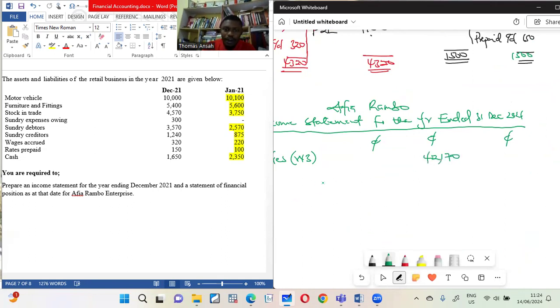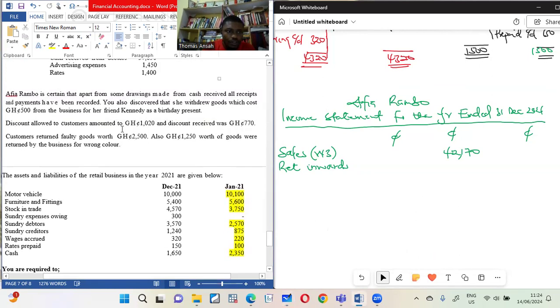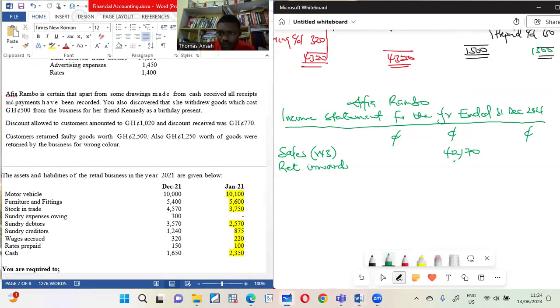But remember, as we were taught before in final accounts, there is return inwards. How much is the return inwards? Return inwards of 2,500. So let's do that.